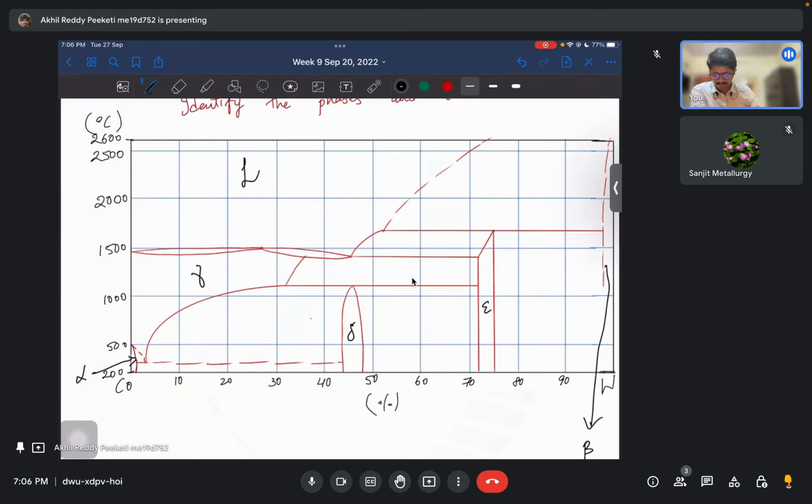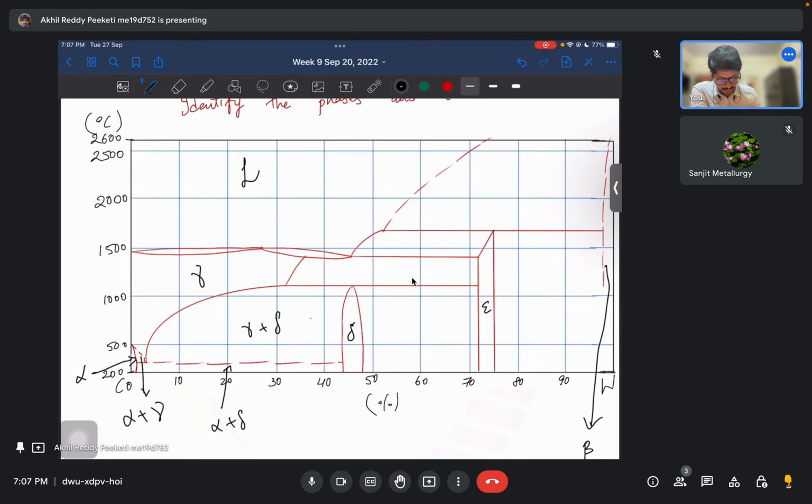Okay. Now this would be, on the left you have pure alpha, and on the right you have pure delta. So this would be alpha plus delta, and then here you have on the left gamma, and on the right delta. So this would be gamma plus delta phase. So this would be alpha plus gamma phase similarly.